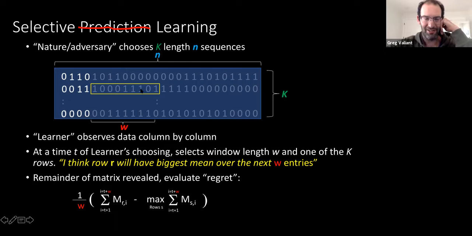And the regret is just, what's the average value over these W entries in the row I selected, minus the maximum row. If I pick the best row and look at the average over those W entries, that's the difference between the thing I pick and the best row. That's my regret. And the question is how, algorithmically, what can we do, and how does this scale as k increases?